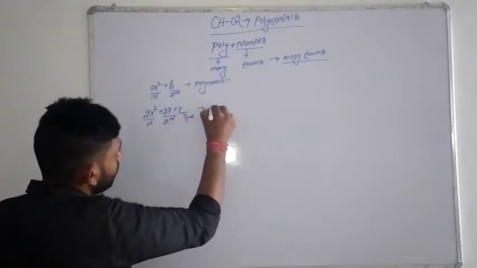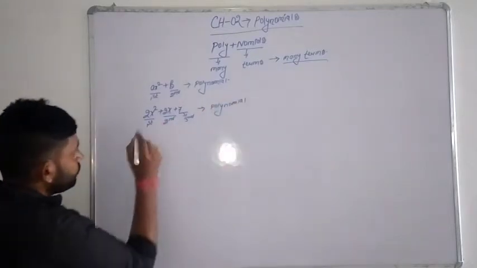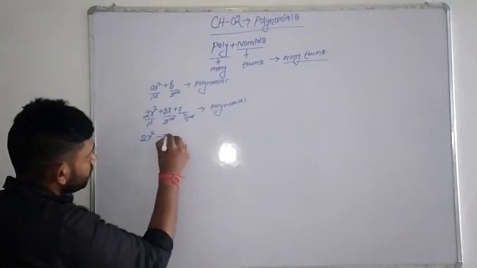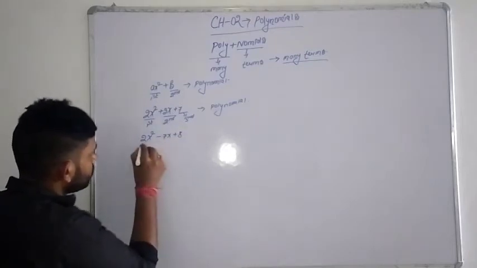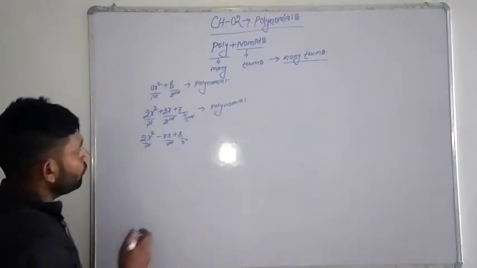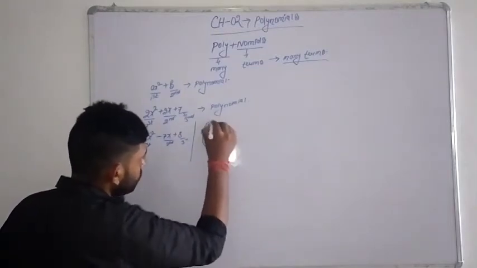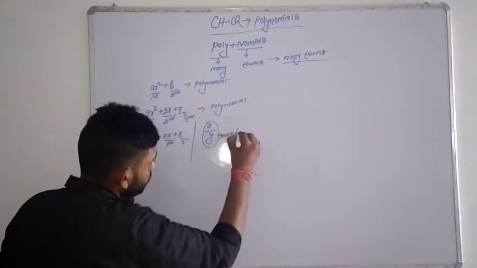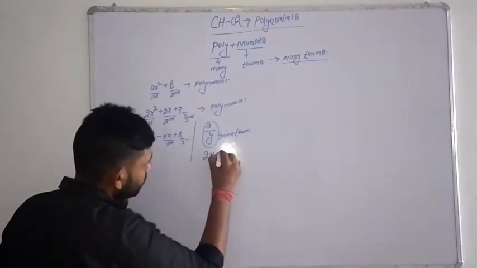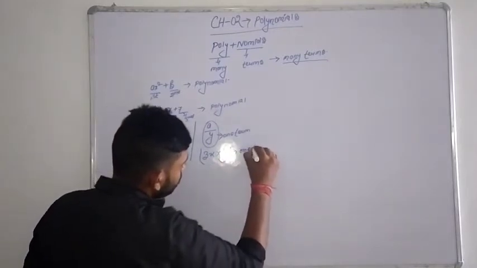So it is a polynomial. 2x square minus 7x plus 8: first term, second term, and third term, a polynomial. And the fourth one, a upon y, is one term. And 3x into y is also one term.